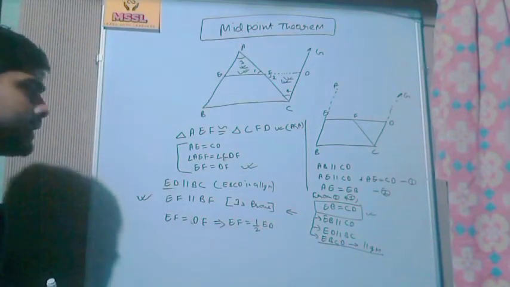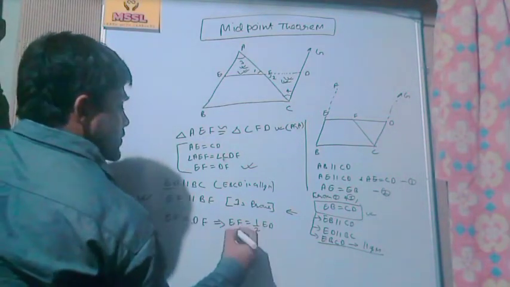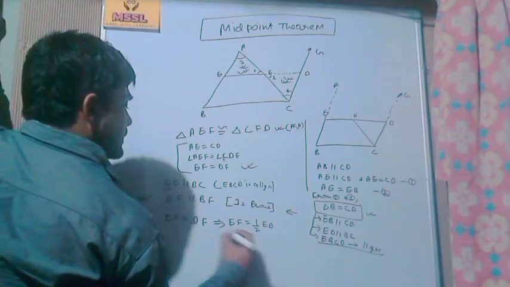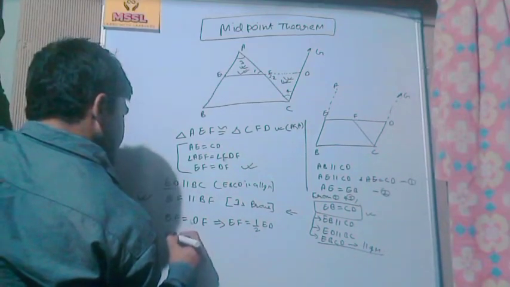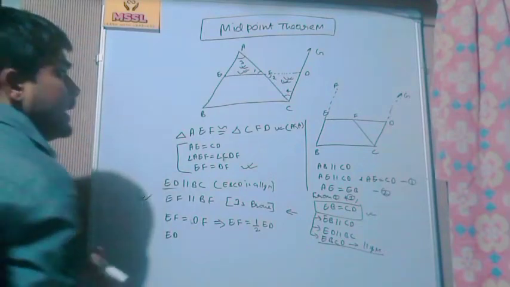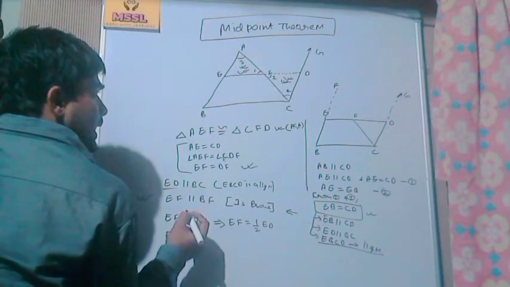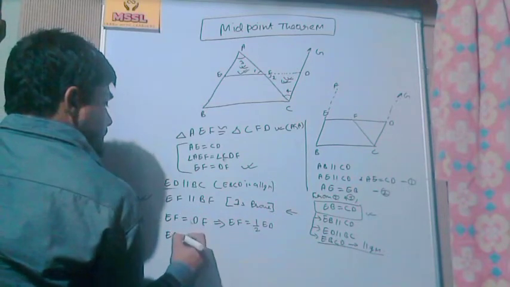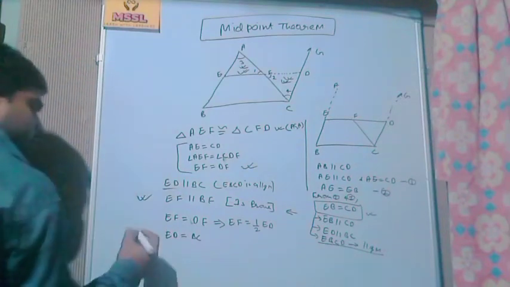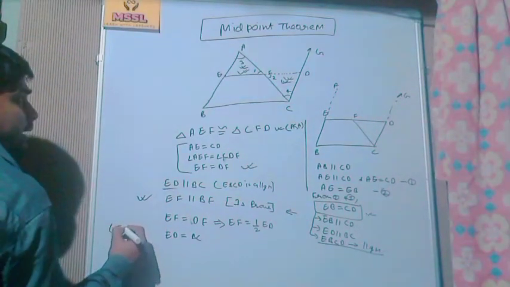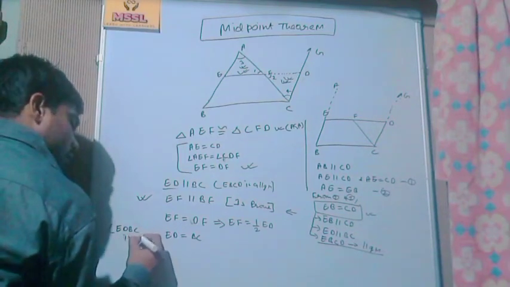Similarly, we can write ED equals BC also, since EDBC is a parallelogram.